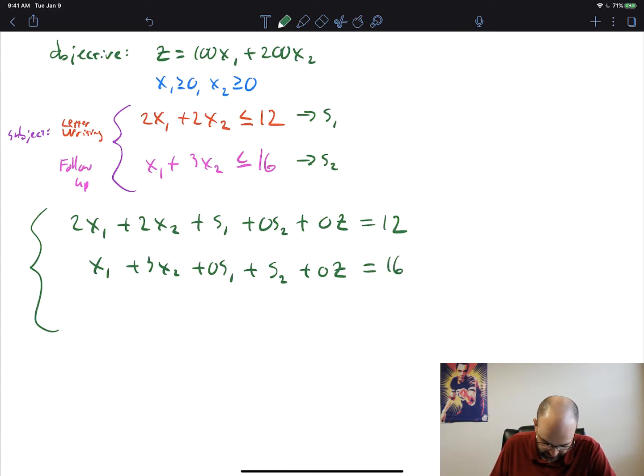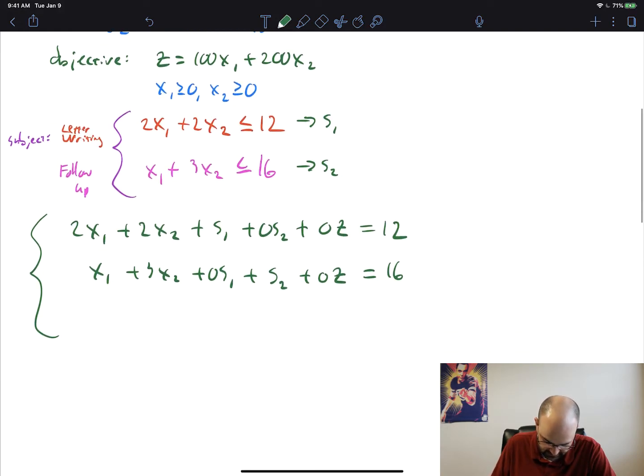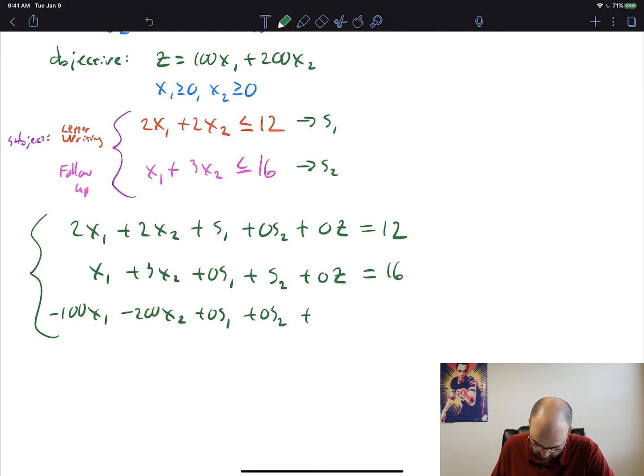Then for the last one we have our objective, which will give us negative 100x1 negative 200x2 plus 0s1 plus 0s2 plus z, and all of that's going to equal 0. Now remember, it's negative for those because I take these and move those left.